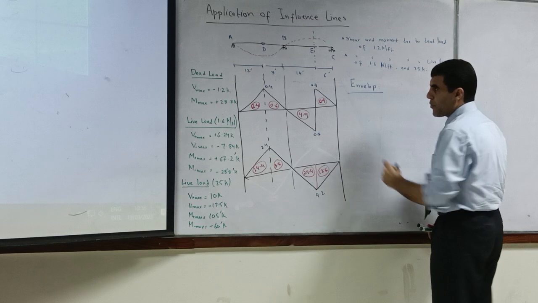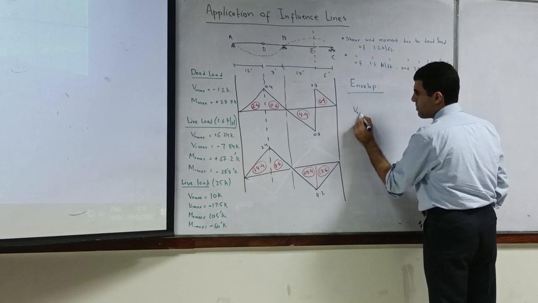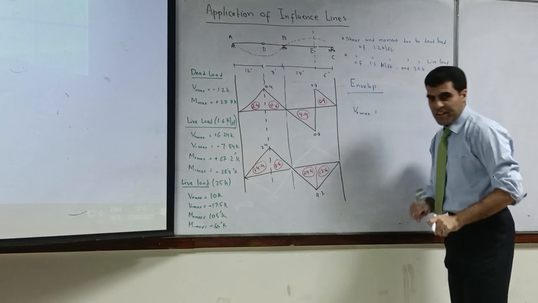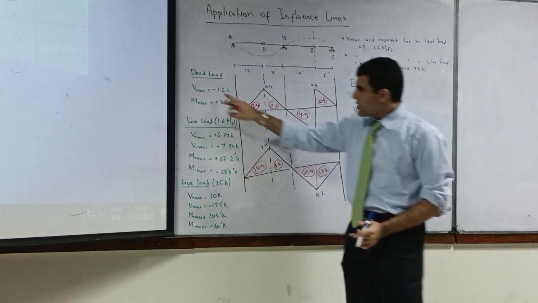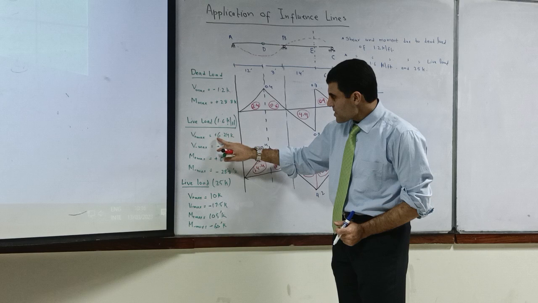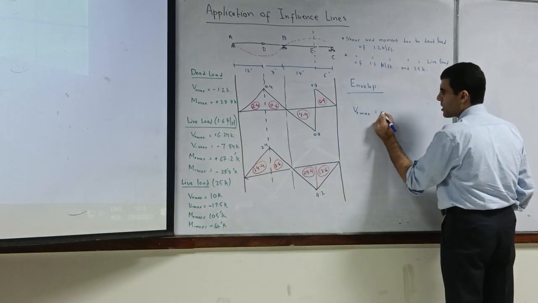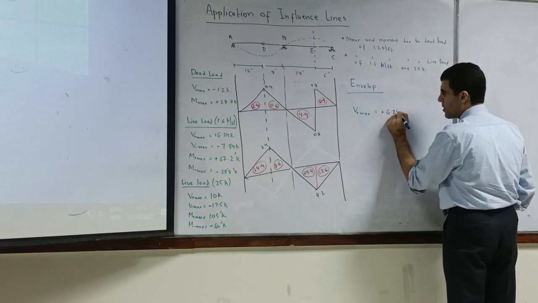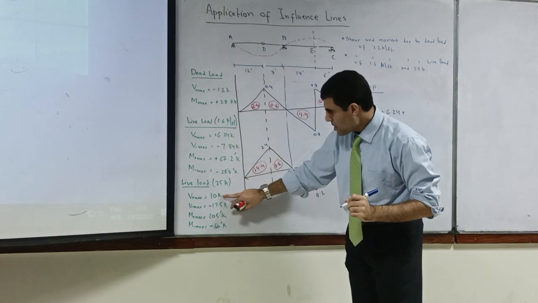So V plus max. What is V plus max? This is negative. So V plus max is 6.24. Help me out. 6.24 plus 10 kip, plus 10 kip.